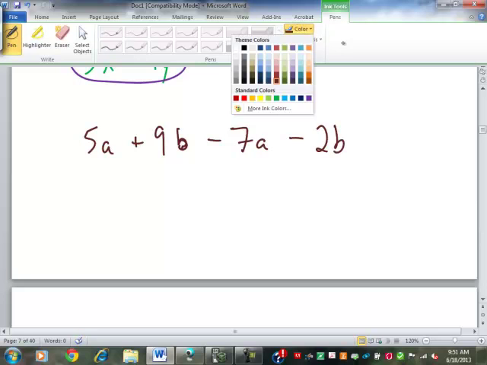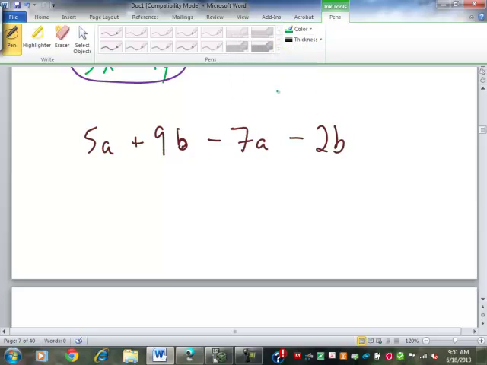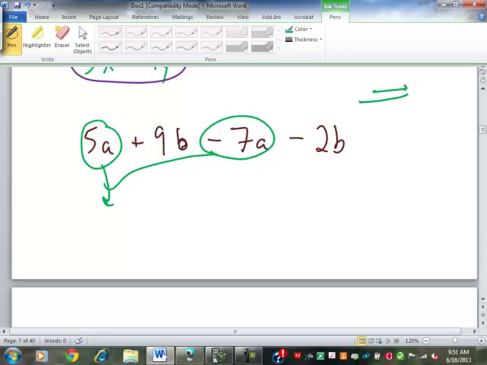So here, tell me what to do. Combine the a's. Okay, so we got 5a and negative 7a, which makes negative 2a. Perfect. Positive 5, negative 7 does make negative 2a.